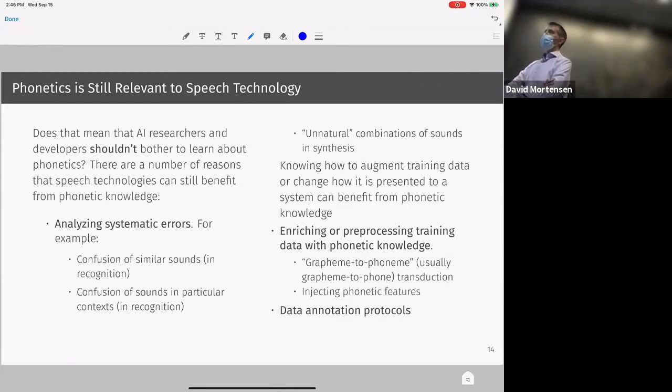When you're trying to decide how to annotate speech data, whether it's for NLP-type speech technologies or robotics, or whether you're doing animations of what people are doing when they produce speech, which one of the students from this course last time is doing, then knowing something about phonetics can help you to solve these problems. So it's good knowledge to have. It's good to have this kind of background.